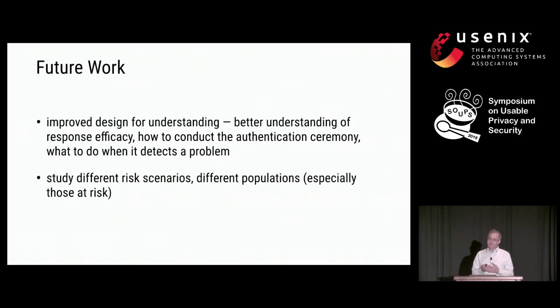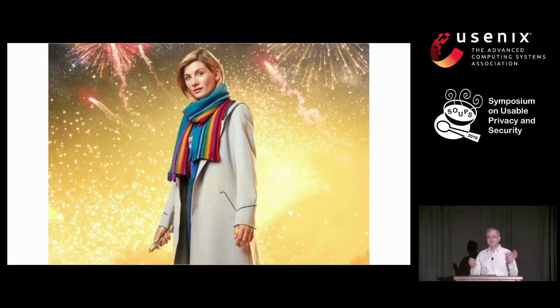And we're also really interested in studying different risk scenarios. All of ours were students at a university, and so we're really interested in studying different populations that might be at risk and giving them a scenario where they actually are at risk, simulated, and seeing whether this design helps them better protect themselves.